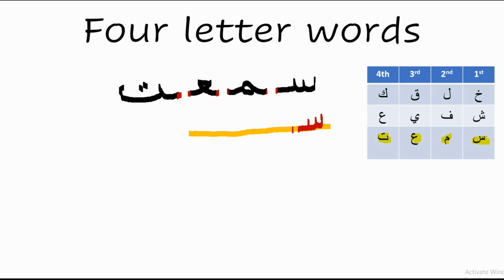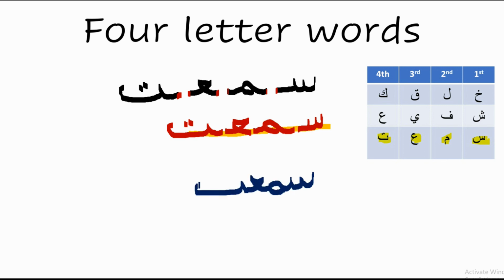Seen, ain, and ta. So we put all the joining points in the same line. Okay, let's write it properly now. Seen, ain, and ta. So this is the final word. So we are done with the four letter words.